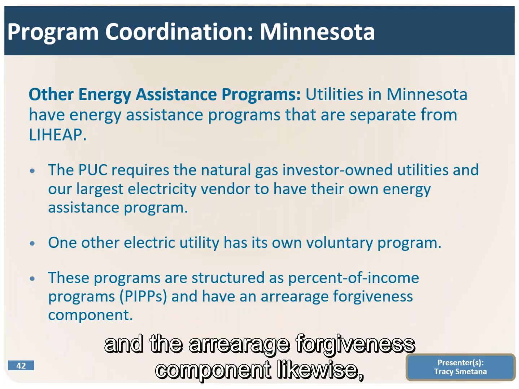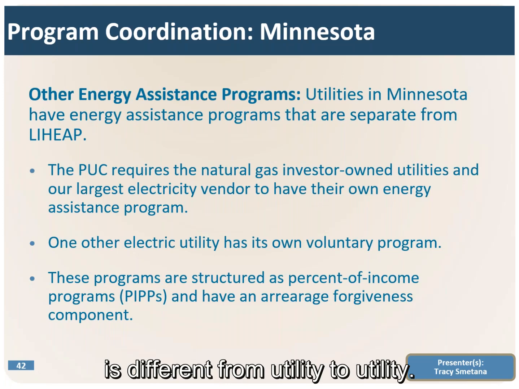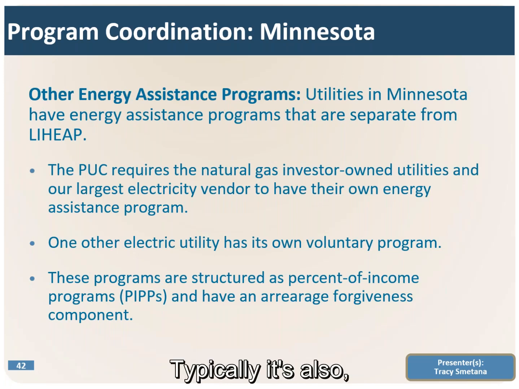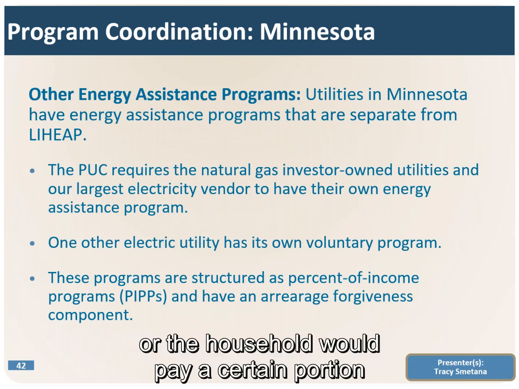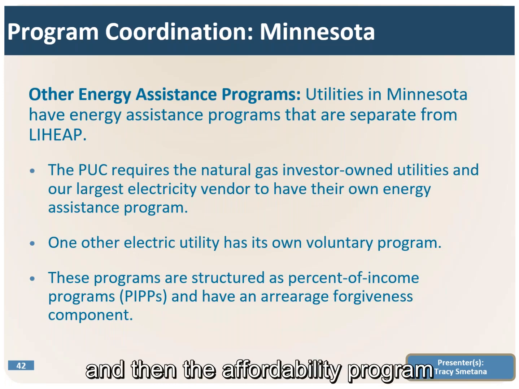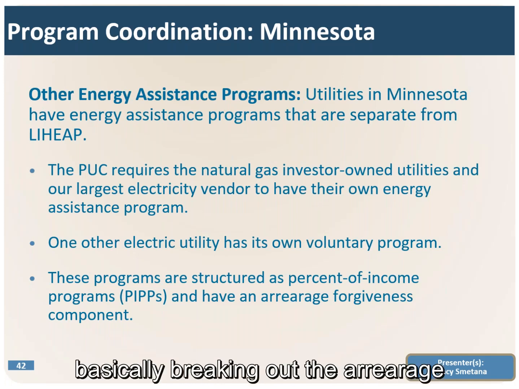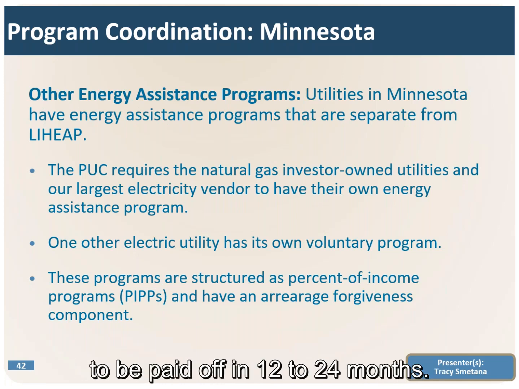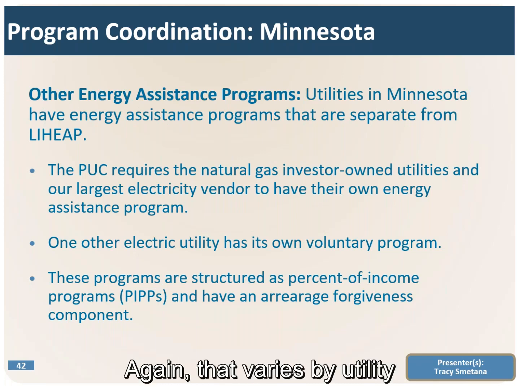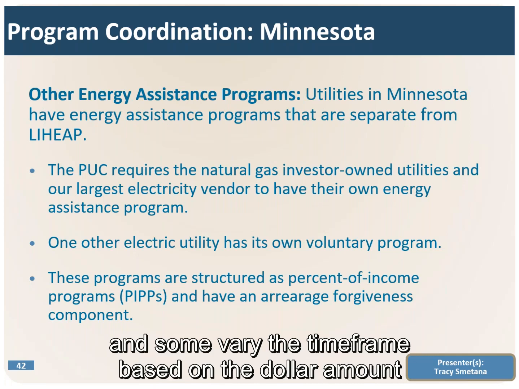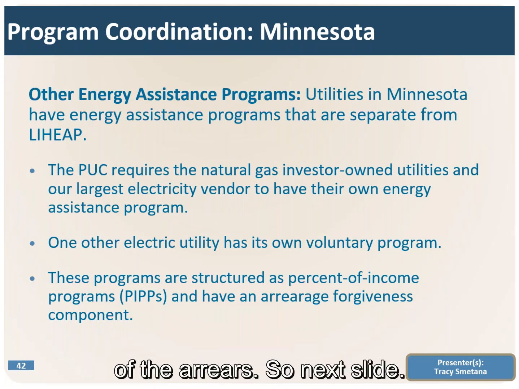And the arrearage forgiveness component likewise is different from utility to utility. Typically, it's also where the household would pay a certain portion, and then the affordability program would pay the other portion, basically breaking out the arrearage to be paid off in 12 to 24 months. Again, that varies by utility, and some vary the time frame based on the dollar amount of the arrears. So next slide.